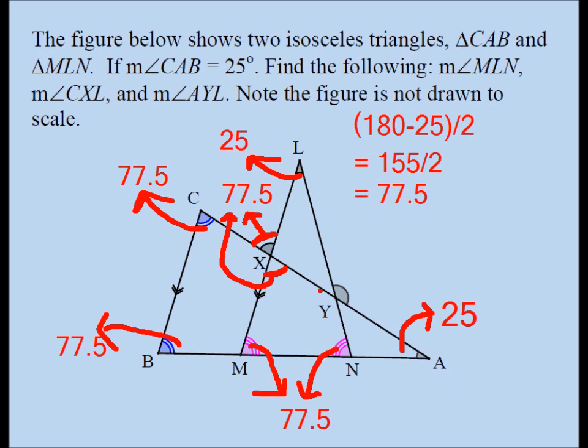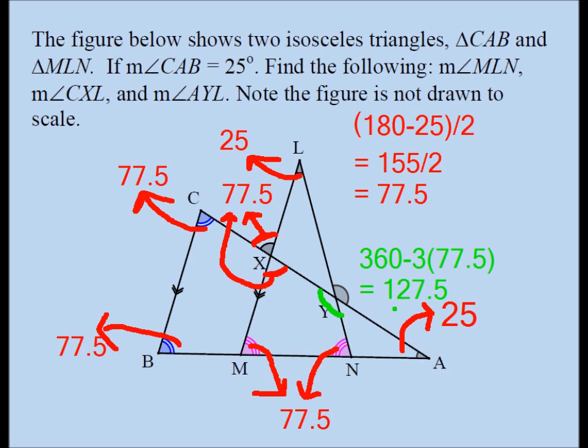So this green angle is going to be 360 minus 3 times 77.5. And I will use my calculator to do that, and it turns out to be 127.5.